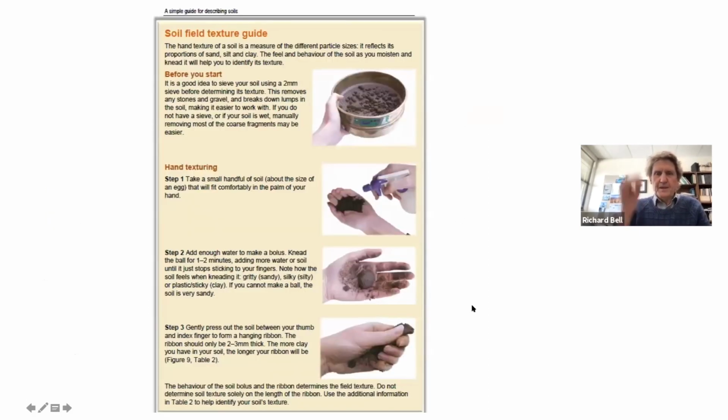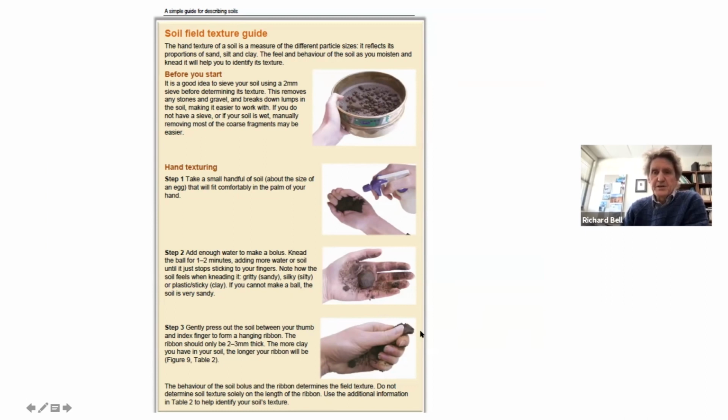In the DPIRD book on describing soil profiles, it gives you a methodology for hand texturing. So this can be done in the field. And that's sufficient with a bit of experience to give you a pretty good indication of what the texture is, based on the formation of a bolus, whether it will ball up when it's wet, as shown in the third photograph from the top, and whether it will form a hanging ribbon when squeezed out between your thumb and finger.